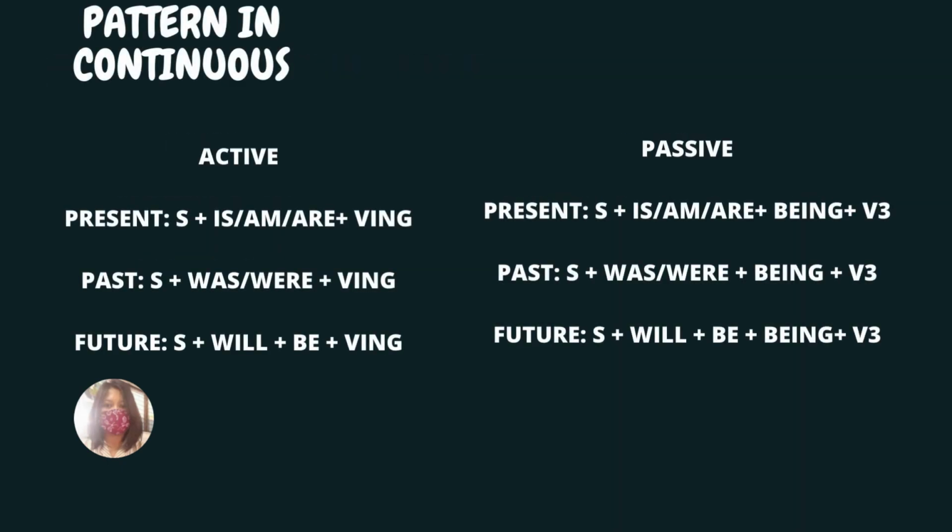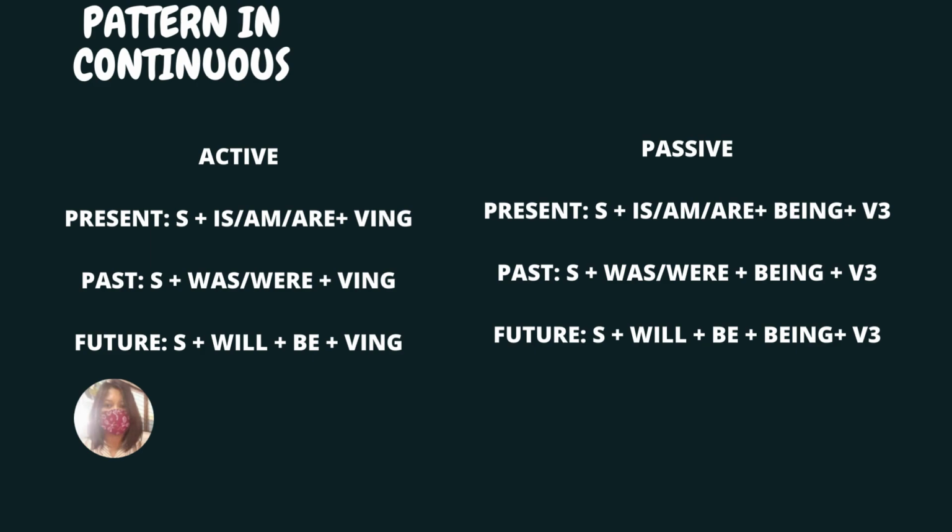And then next is the pattern in continuous. Just always remember, continuous is always verb-ing. And remember, for passive, you have an additional word that will be being.